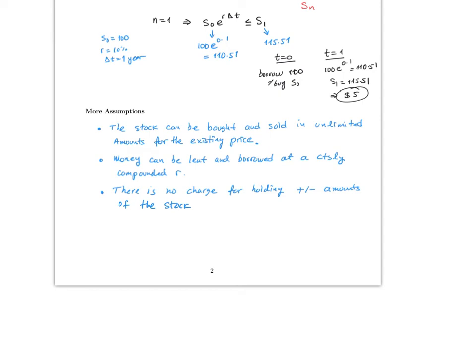Number 3, there is no charge for holding positive or negative amounts of the stock. And the last one is that there are no taxes or transaction fees, which is actually the case in many places now. There are no transaction fees to buy stocks, but the taxes you can't get away from.